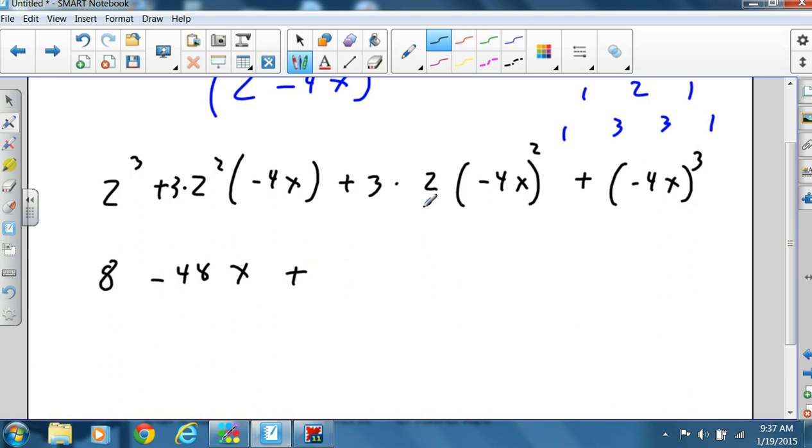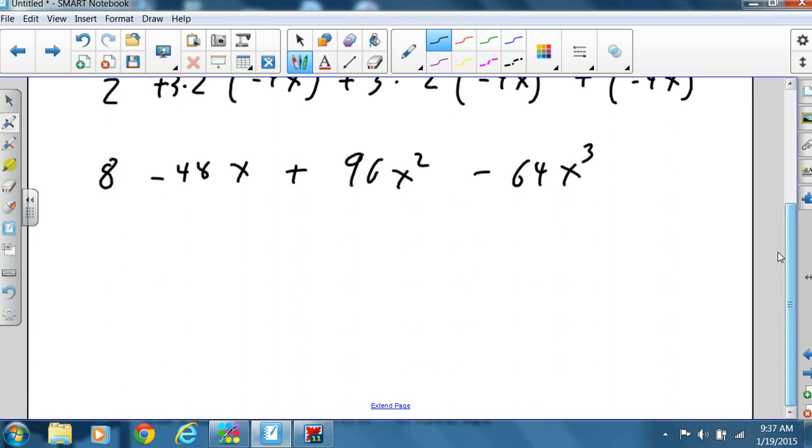Yeah, I can't do that in my head. 16 times 6, 96. 96x squared minus, was that 64? 64x cubed. Okay, now that was cheating. Was that cheating? Yes, that was cheating, because we don't know Pascal's triangle yet until chapter 10 or so. So that means I have to do it differently.